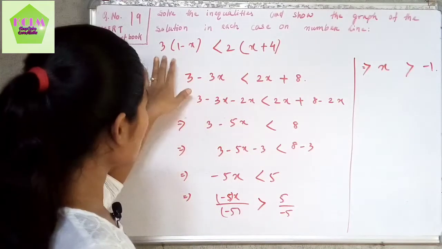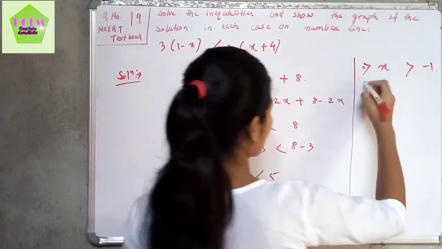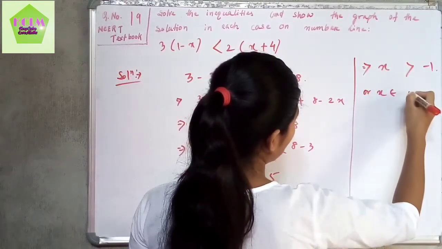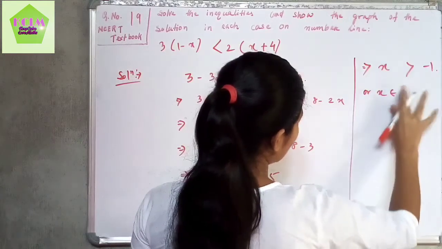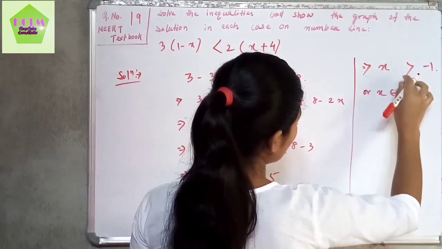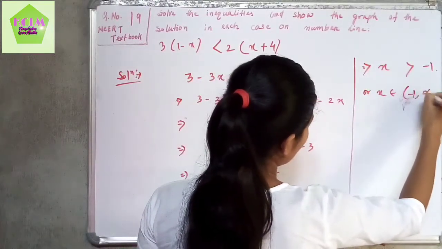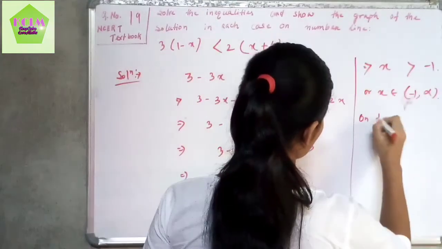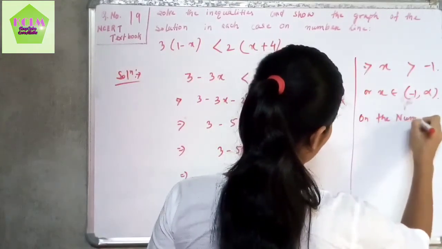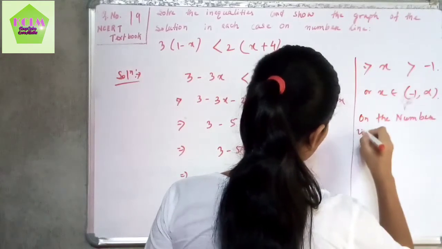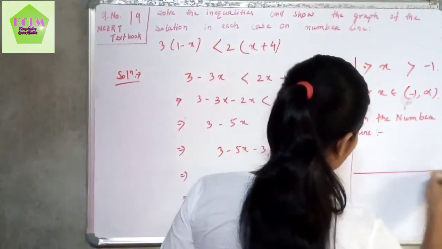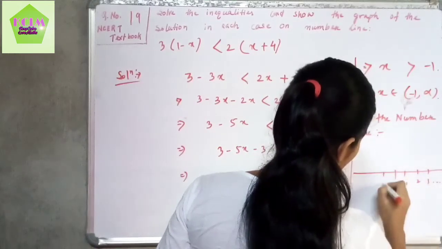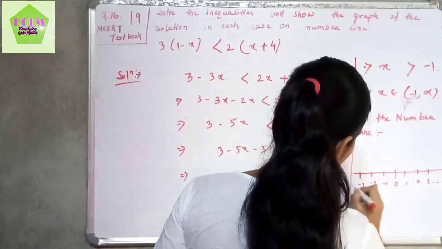So the solution of this inequality will be x greater than minus 1, or x belongs to, this will be an open bracket since this is strictly greater than, minus 1 to infinity, since the values are greater than minus 1. So on the number line, 0, 1, 2, 3, minus 1, minus 2, minus 3.